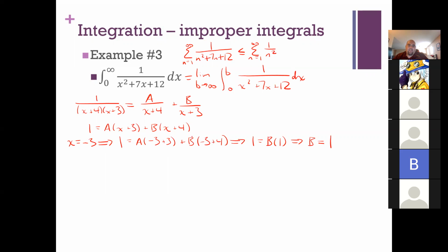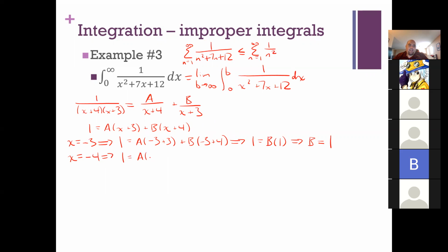Any questions on how I did that or why I'm allowed to do that? Is there another value of x I can choose that would give me the other value? -4. Yeah, basically, I'm strategically picking x values so that I can make one of these vanish so I can solve for the other one.